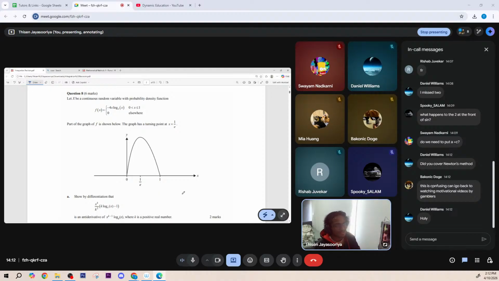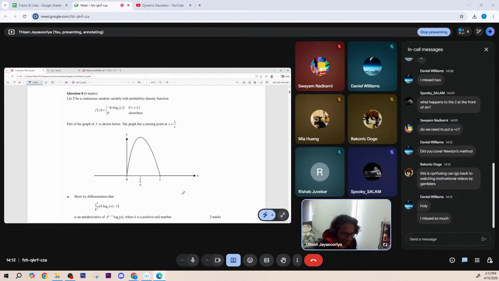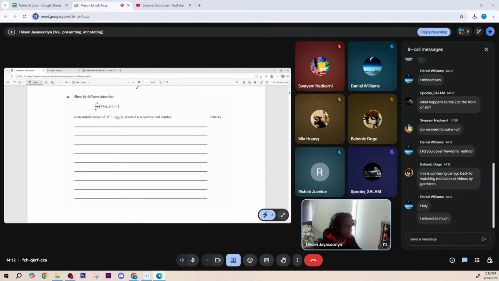So here we have this question. Let x be a continuous function. We're not going to be worrying too much about the probability density function part. I'm more interested in this show that.